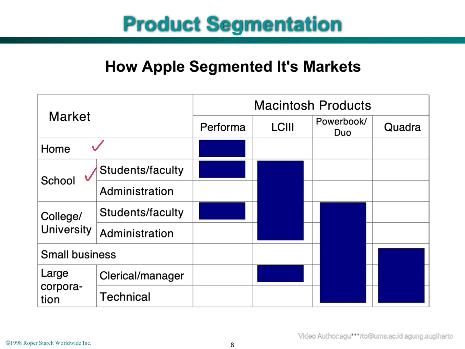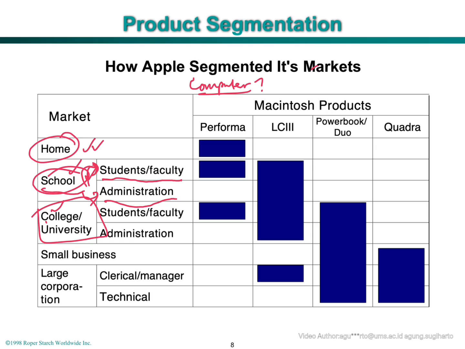In the school segment, they divide into sub-segments: faculty or student, the administration, and then college and university. The product of Apple is the computer, so they divide the market into home use, school use, college, university, small business, and large corporation.